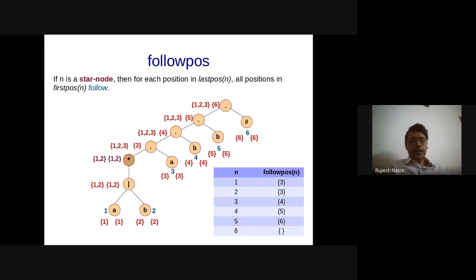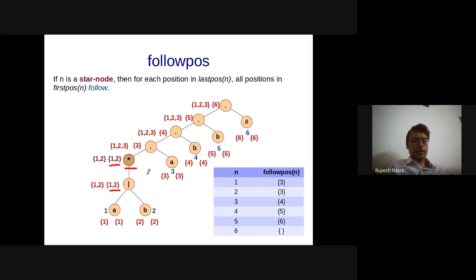Then we also had the rule for the star node. We had done the concatenation, so let's finish that for the star node. We said that for a star node, whatever is there, so C star, which in this case is A or B star, whatever is the last pos of this, where is the last pos of star? That is defined here. You can as well take it this way, either way it should be fine.